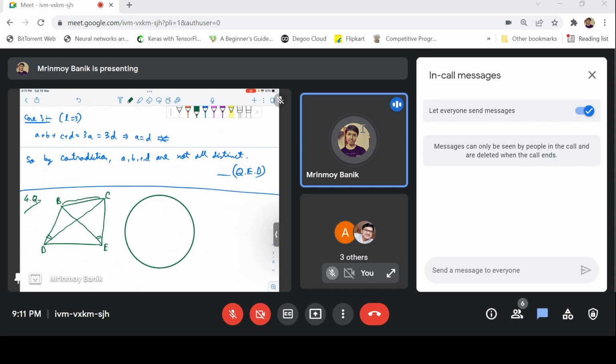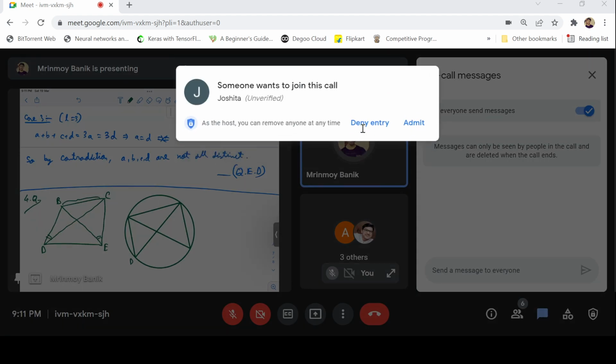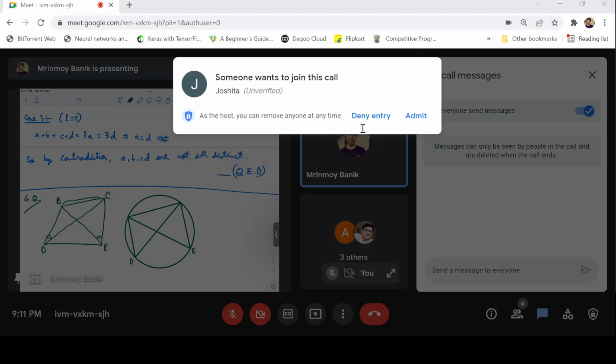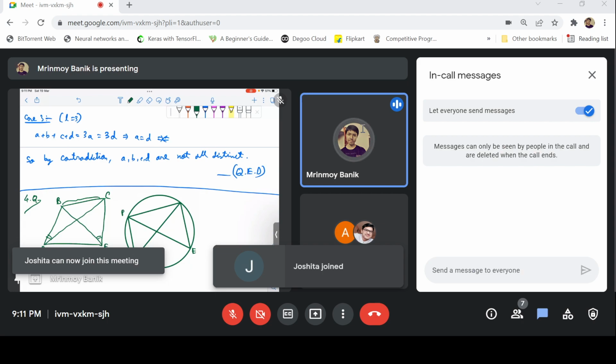So you have a circle, the chord. Sorry, this is the point E. This is the point B. This is C, and these two are equal.